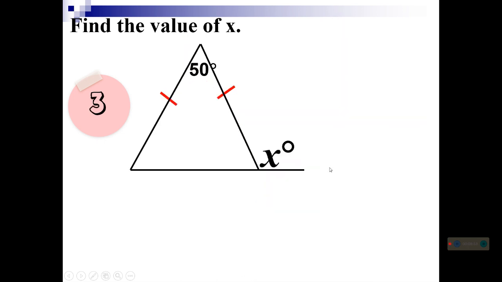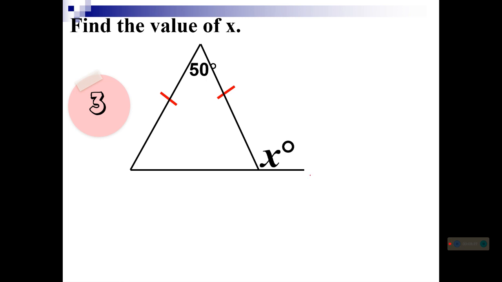Okay, next, let's have the third one. We are going to find the exterior angle, where 50 is the vertex angle. So, you will have what? Okay, let us try.